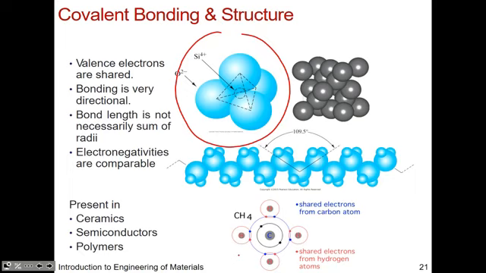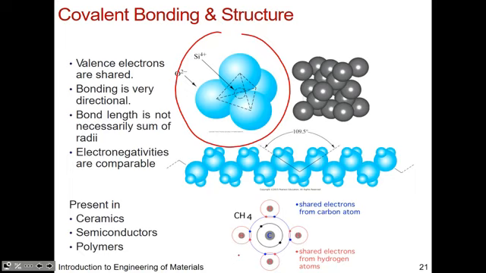The bonding is directional. So as I've mentioned, in diamond, it's sp3 hybridized, so that means those orbitals are at a particular angle, and so your electrons are shared in those orbitals at that particular angle. And because they're shared, the bond length is not necessarily the sum of the radii, but of course, if you were asked to compute that, you would be given a table.